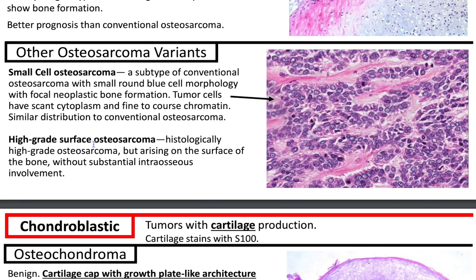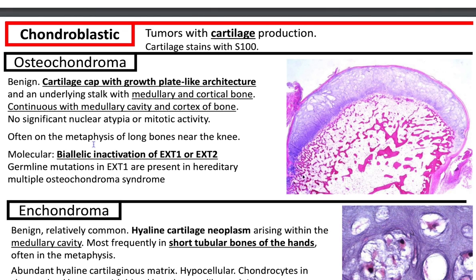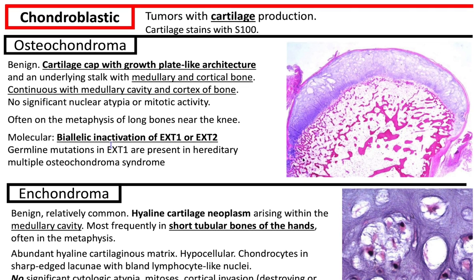Okay, let's talk about chondroblastic tumors, or tumors with cartilage production. Of note, Dr. Schaberg reminds us that S100, in addition to staining neural elements and adipocytic elements, also stains cartilage. Let's talk about a benign entity, a couple of entities, osteochondroma. This has a cartilage cap, as you can see here, with growth plate-like architecture.